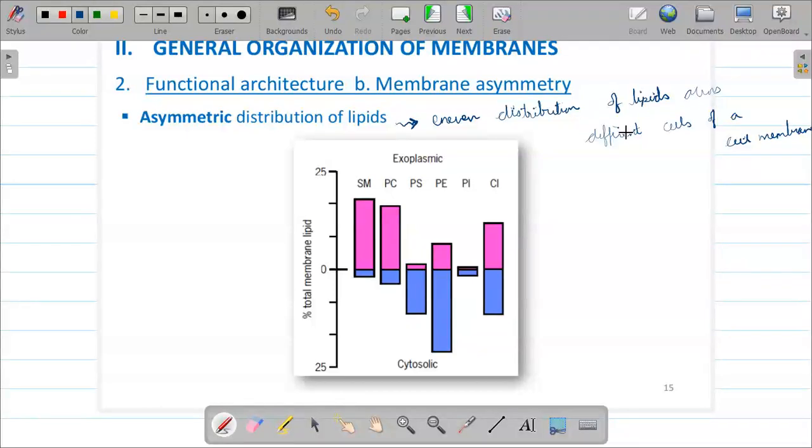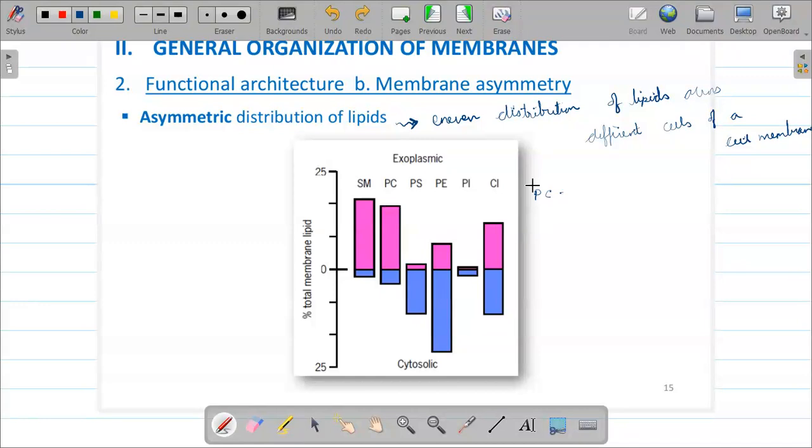Why is it varying? Every cell has different functions, right? So we look here, this is your exoplasm, this is your cytoplasm. The distribution of lipids is not uniform. Why is this important? For example, if I put PC, what is PC?